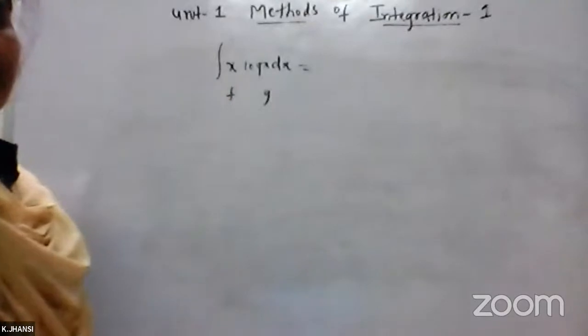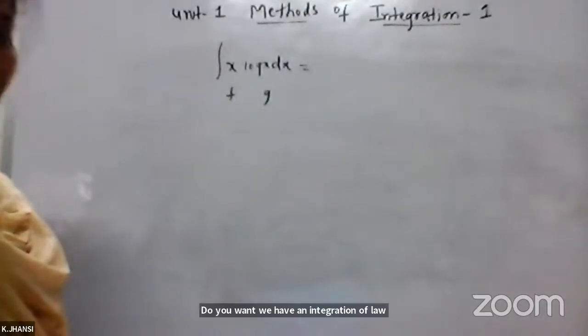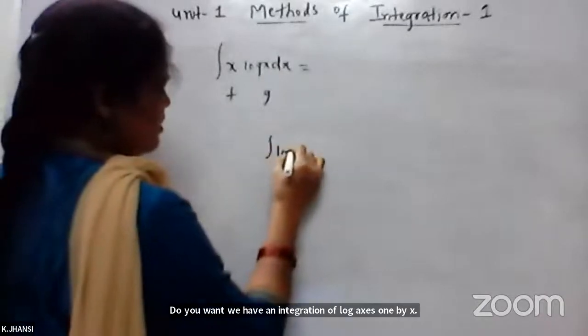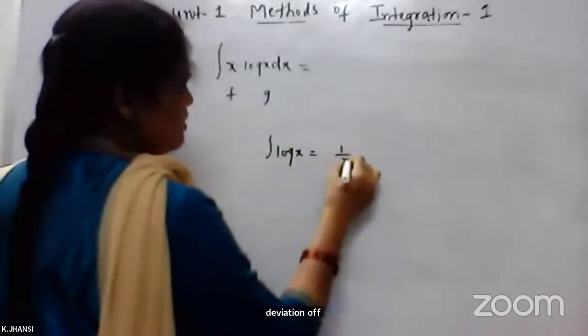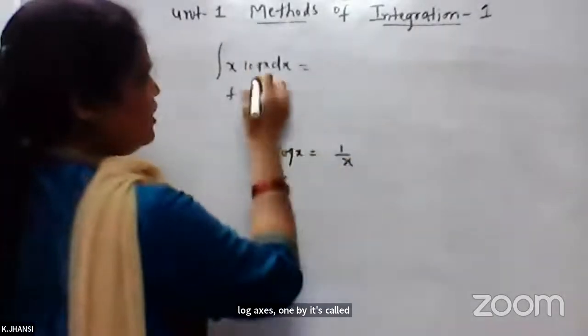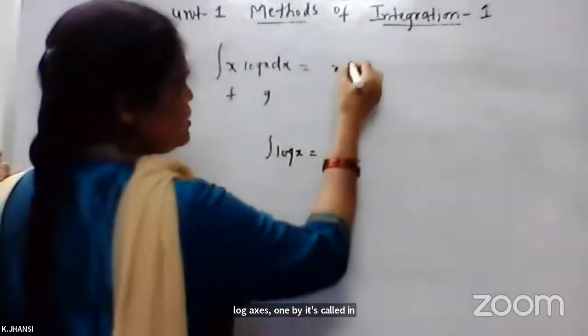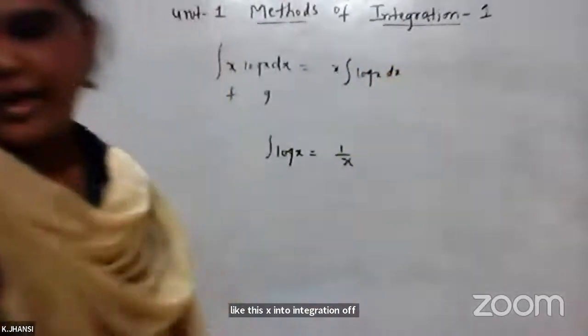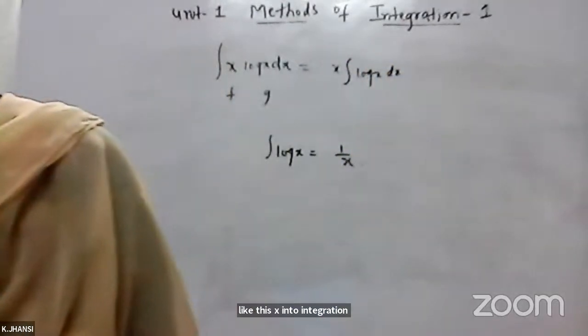G, what will happen? Integration of log x is 1 by x. Okay, integration of log x is 1 by x. So in our first term, if you do directly like this, x into integration of, sorry, integration of log x is not there, no?